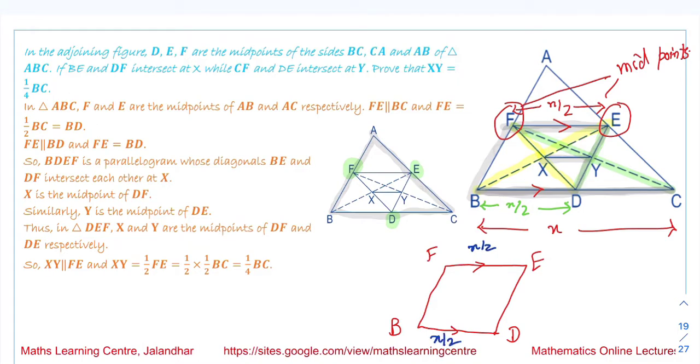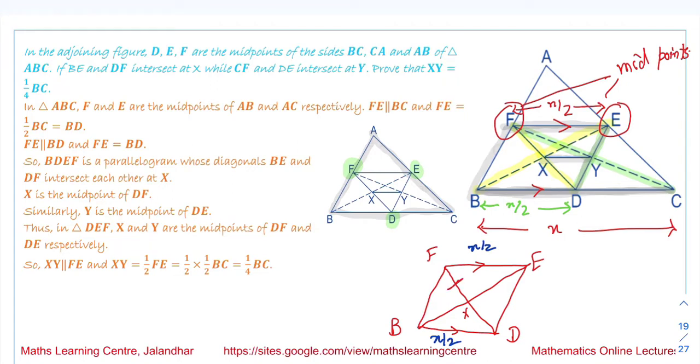So it is a parallelogram, and we know that the diagonals of a parallelogram bisect each other. If we look at the diagonals, we are joining BE and this is the point X.